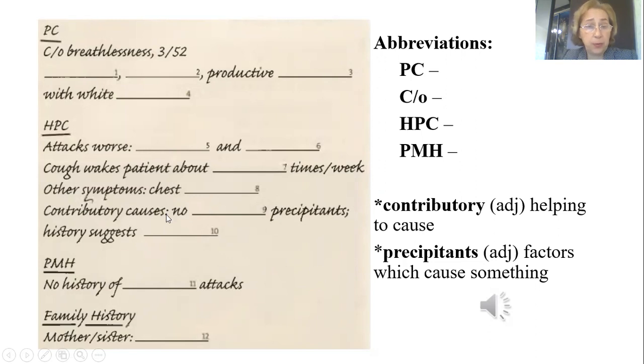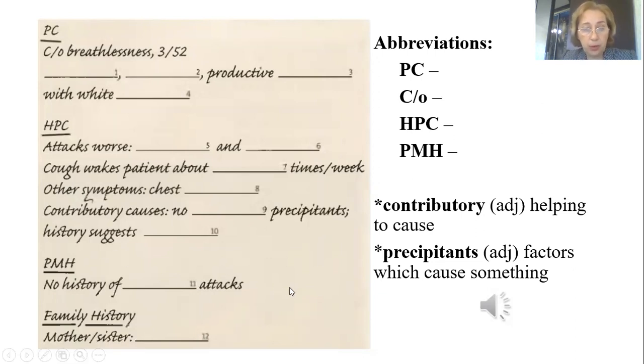Well, if the person has tightness in his chest and a productive cough with white phlegm, it shows us that this is the problem with lungs. So can we think of any diseases connected with lungs? Maybe it's pneumonia. Pneumonia, okay. Yes, possible. Or it can be asthma and other diseases.